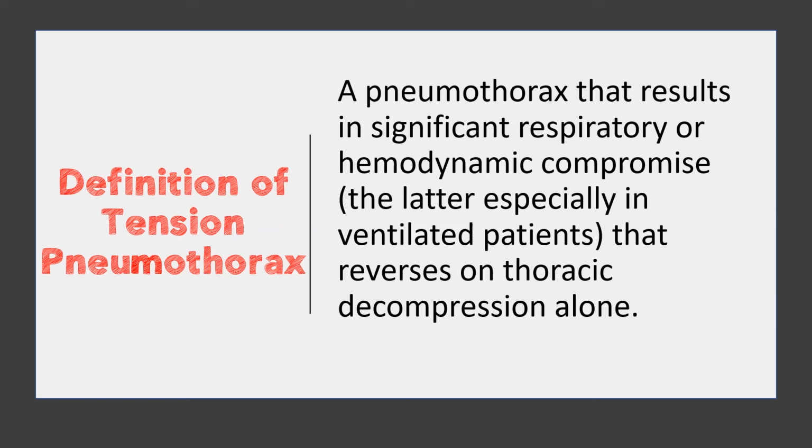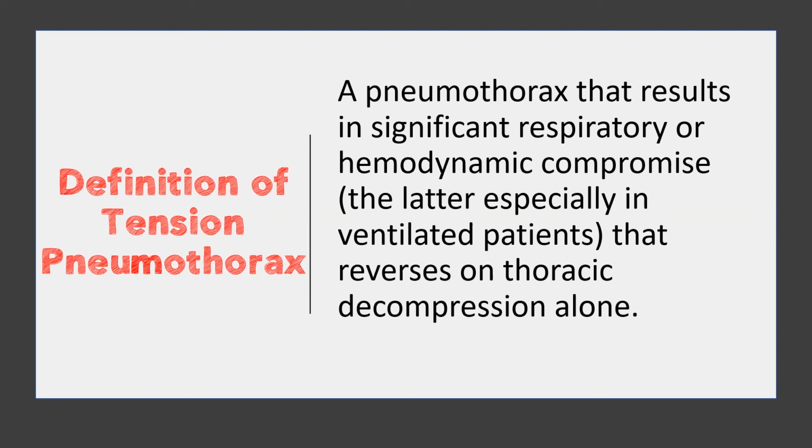I think this definition makes sense to me. In my opinion, and in my anecdotal experience, it can be very difficult to actually appreciate the clinical findings of a tension pneumothorax. And the classic findings of JVD and tracheal deviation are so uncommon and unreliable that we should almost just wipe those from clinical signs or symptoms of patients with a tension pneumo.